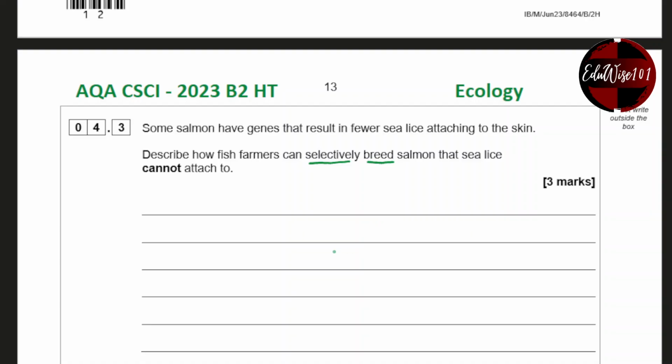And once you breed them, you have a look at all the offspring, and you choose offspring without any sea lice attached to them, and you breed them again, and you keep on breeding this until all the salmon are without any sea lice attached to them.